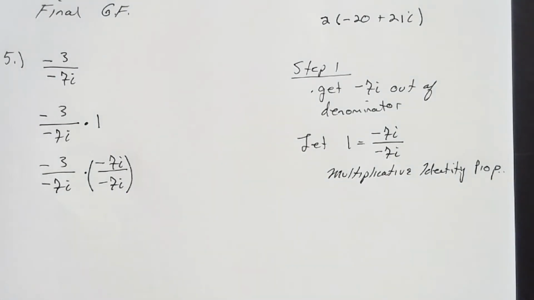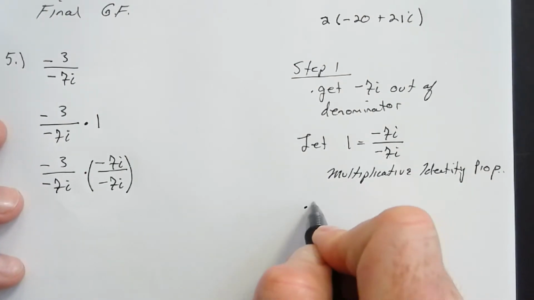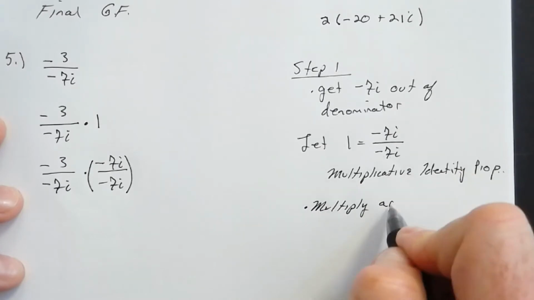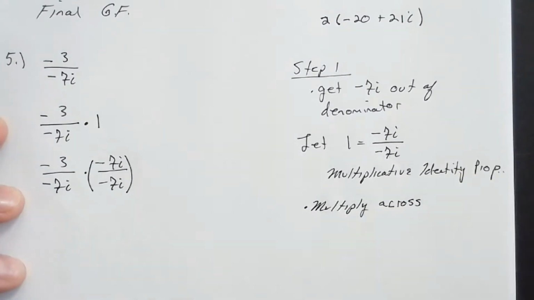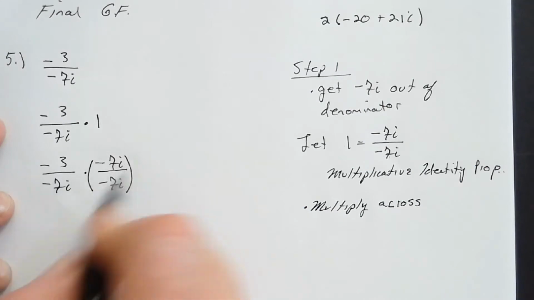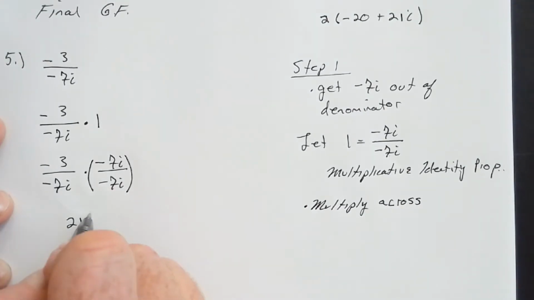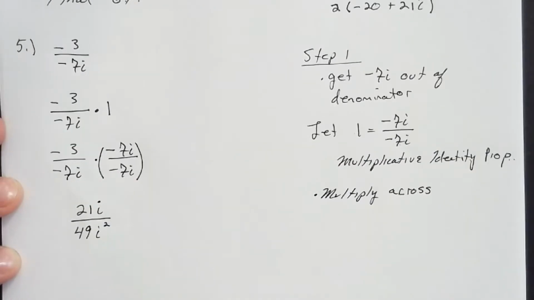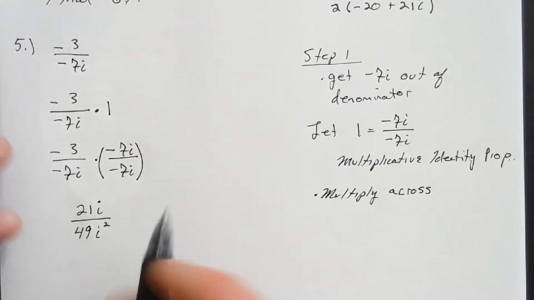Now we're going to multiply across, so we have positive 21i over 49i squared. Now, i squared is equal to what? Negative 1. So we can substitute.